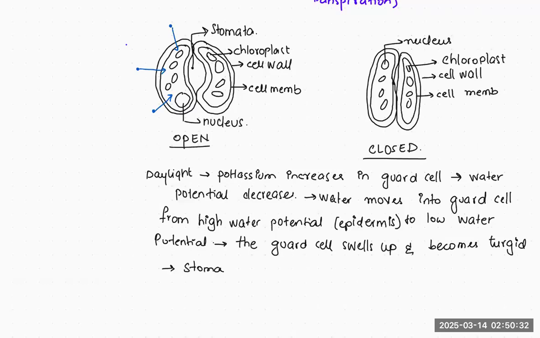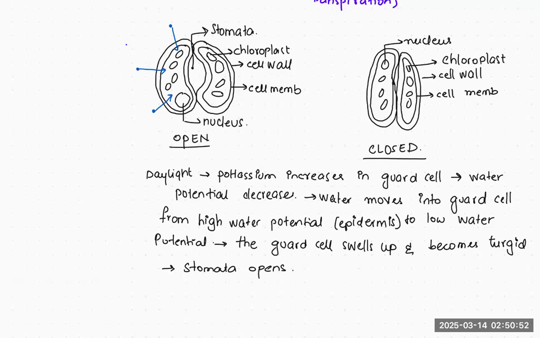So this is how your guard cell works, right? And for the closing, it will be the opposite. The amount of potassium will decrease, the water potential will increase, the water will move out of the guard cell, and the stomata is going to close, right?